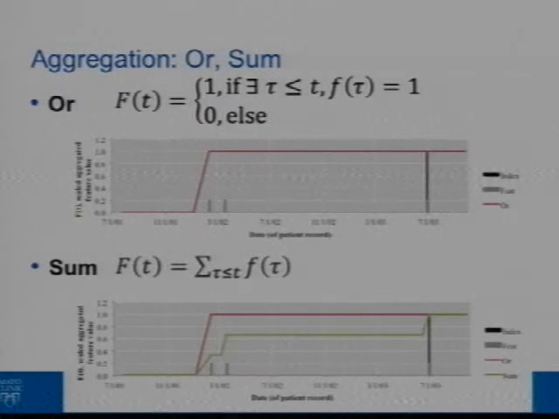Every time that I've seen an example of bronchodilator use, increment and count up, and then try to determine at any given point, based on that counted-up number, whether I have asthma or not. So those are two very simple methods for aggregating evidence over time.